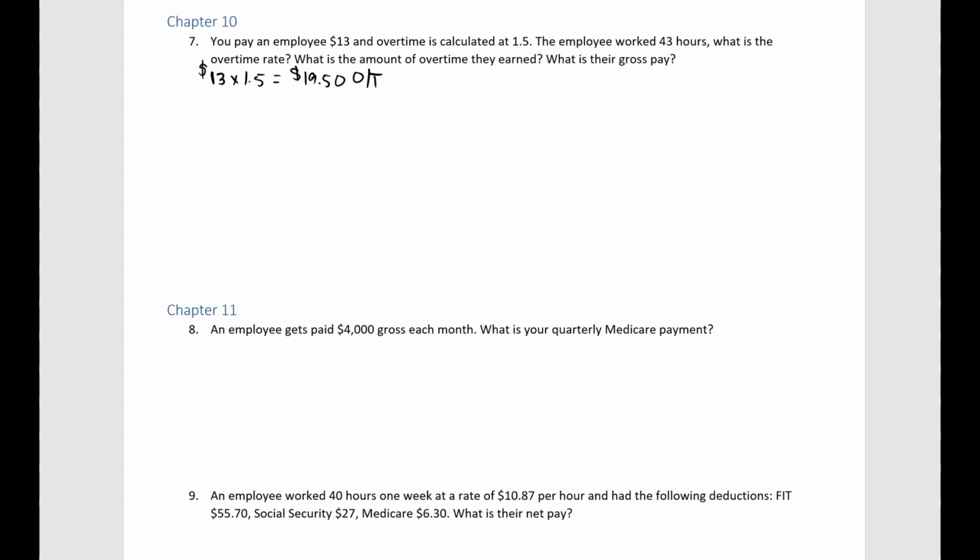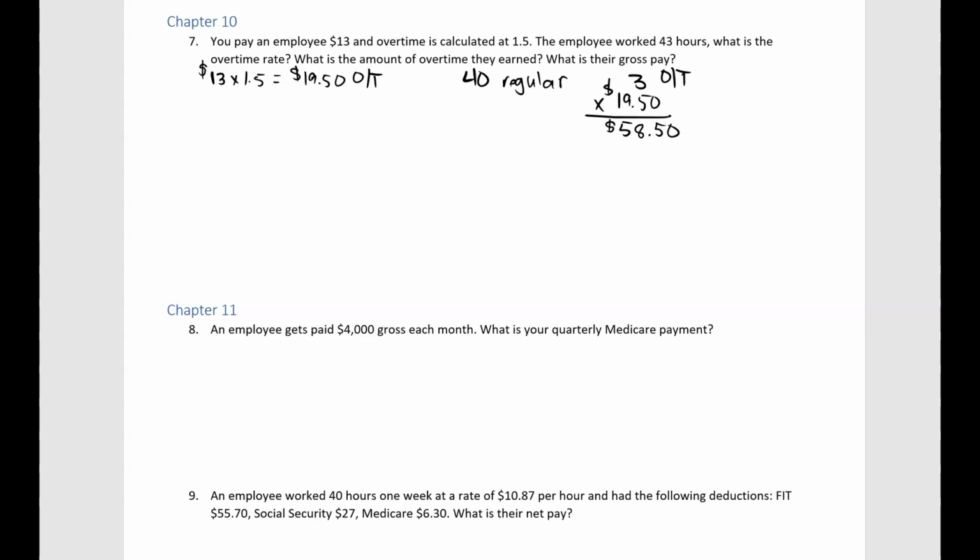What is the amount of overtime they earned? Okay, they worked 43 hours, which means it was 40 regular and 3 overtime. So 3 overtime hours at $19.50 gives us $58.50. Okay, so that is their overtime.